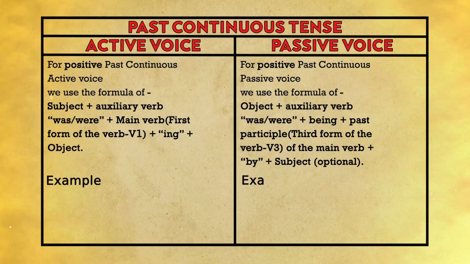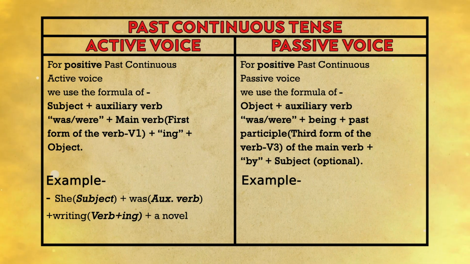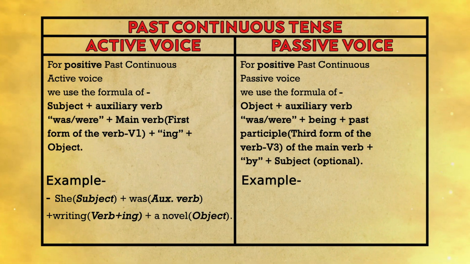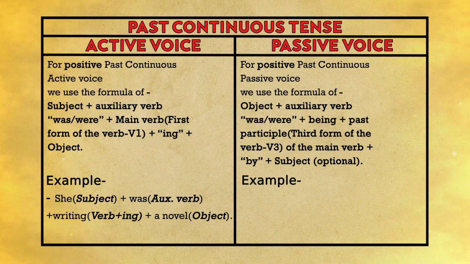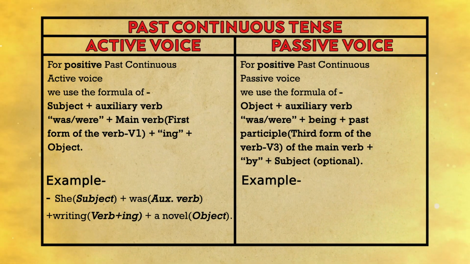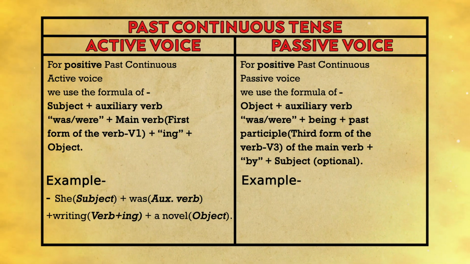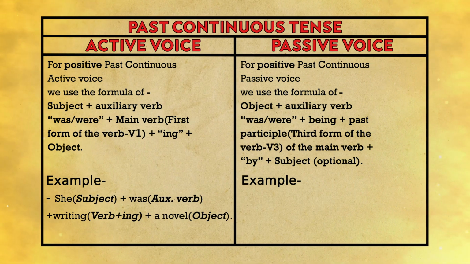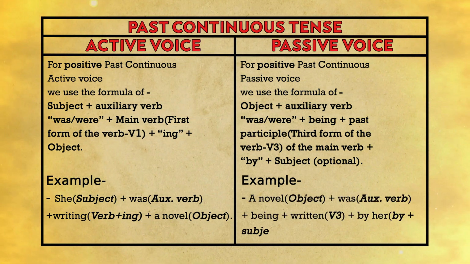For example, she was writing a novel. Here she is the subject, was auxiliary verb, plus writing, that is verb plus ing, plus a novel, which is the object. Now, a novel was being written by her.